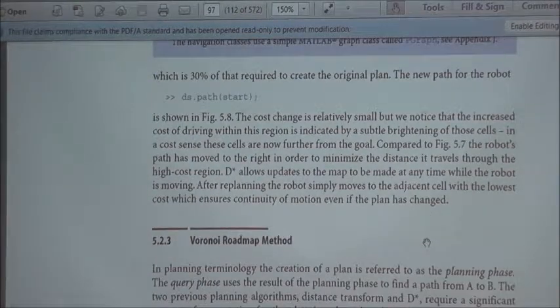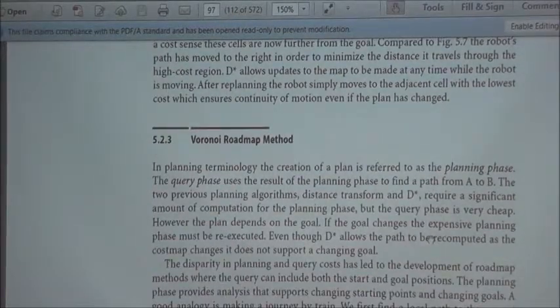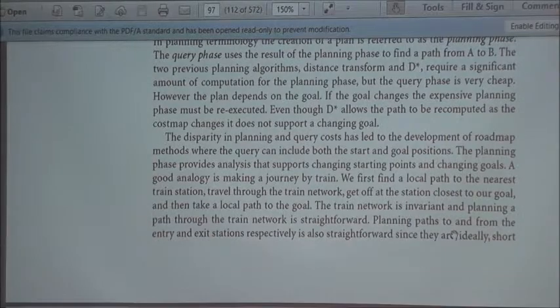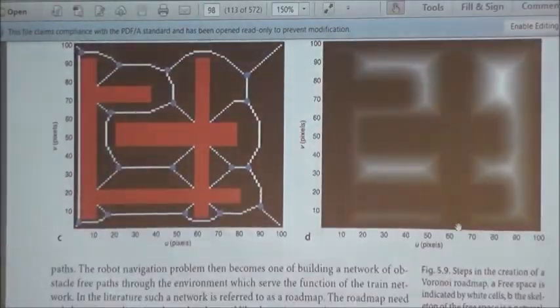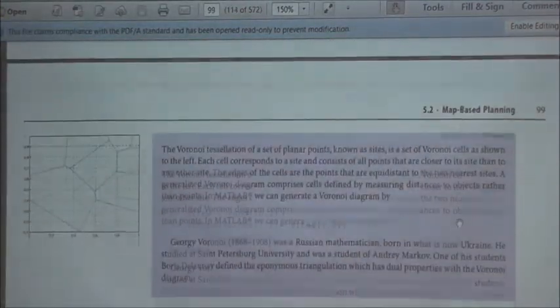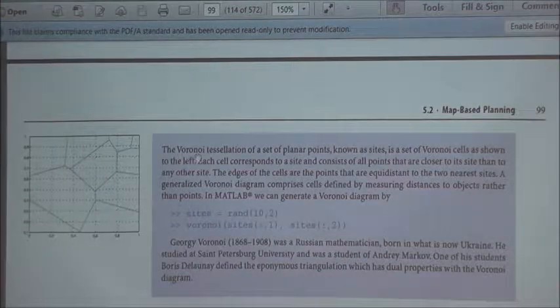Okay. Now, at this point, I want to leave the chapter for the time being and come back to it later. When I come back later, you will see that we're going to use what's called Voronoi tessellation, where you have a bunch of zones with or without obstacles in them.